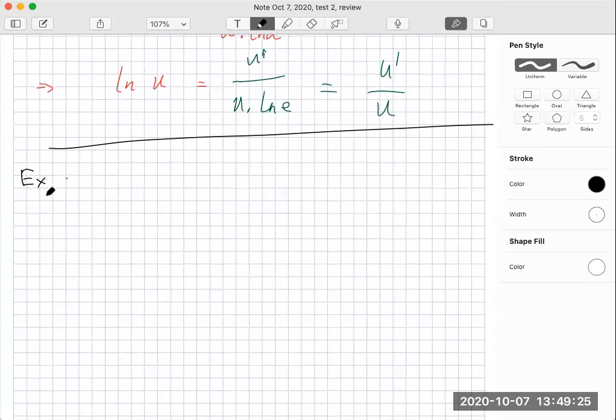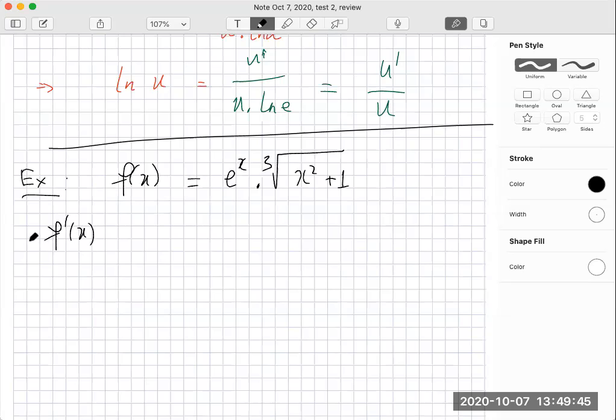Okay. If we are given the function f of x, which is e to the x times the square root of 3x squared plus 1. Okay. Now we need to compute the derivative of this function.